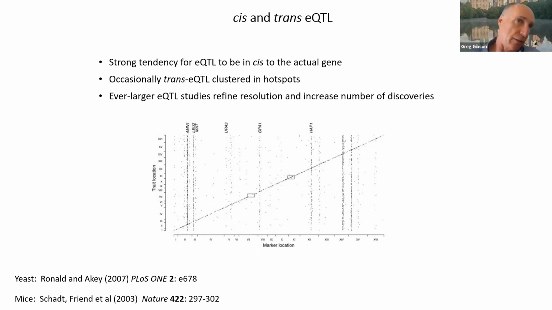The majority do, but many, so maybe 30, 40%, are further away, and they're not necessarily acting on the closest promoter. There's also a general rule that ones that are located further away tend to be maybe more cell type specific, whereas ones closer to the promoter tend to be more universal in their effects on many tissues. But this is biology, so there's lots and lots of exceptions to that sort of generalization.